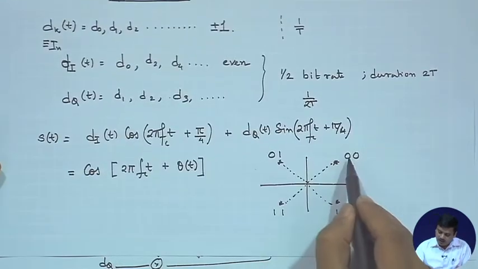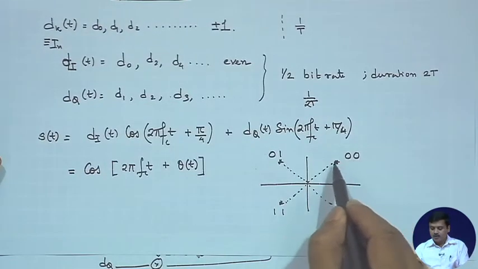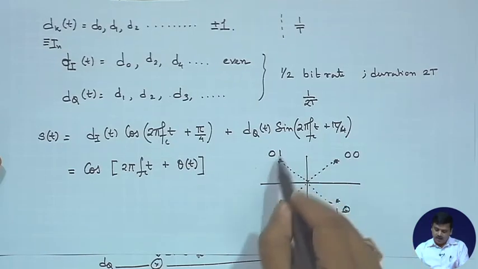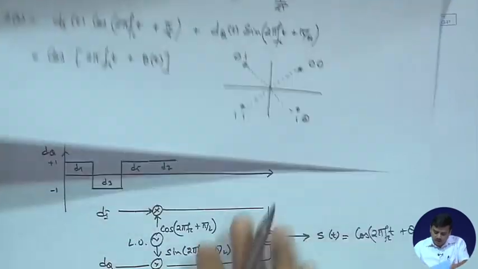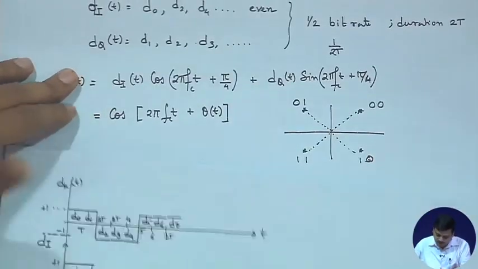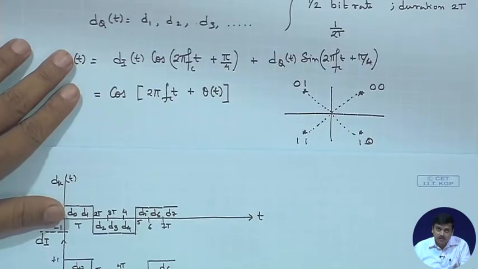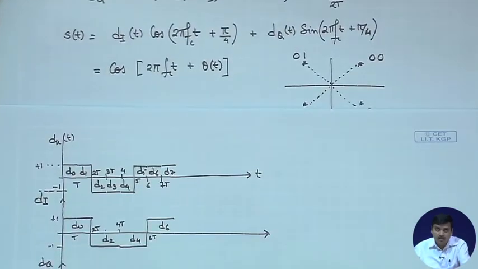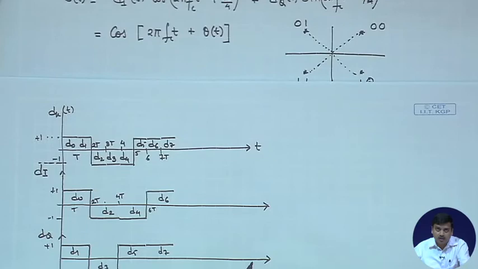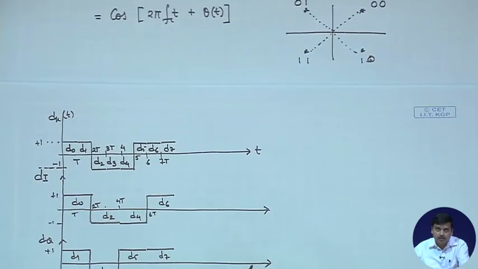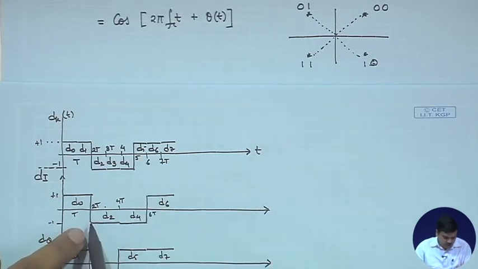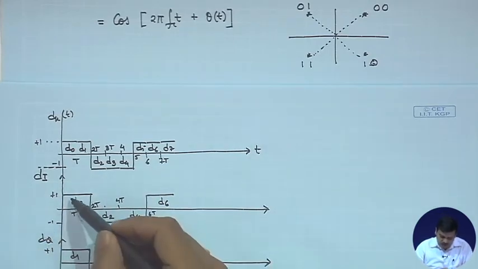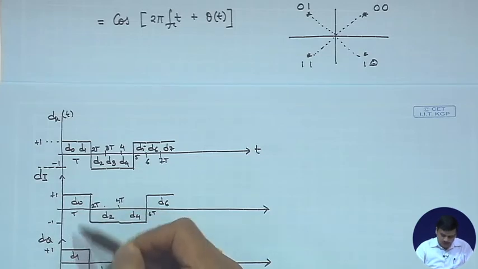So, when d0 and d1 are 0 0, you would choose this phase and you would keep on changing. So, at every 2t interval your d0 and d1 are both able to choose distinct values, right.